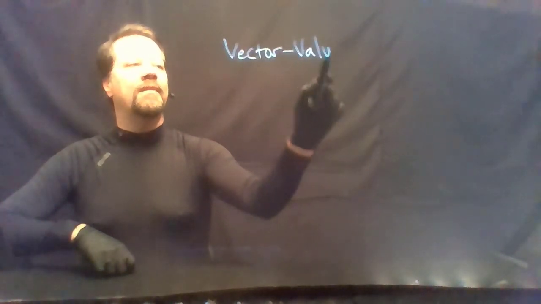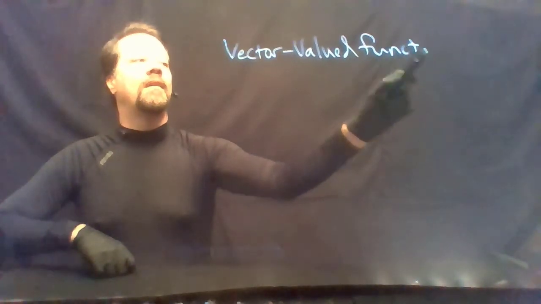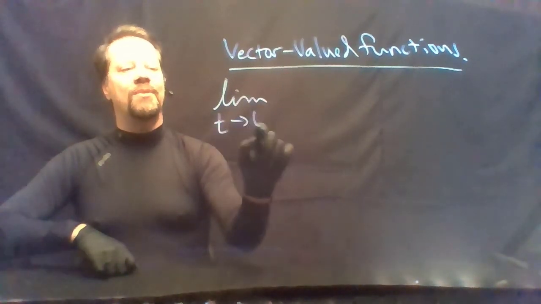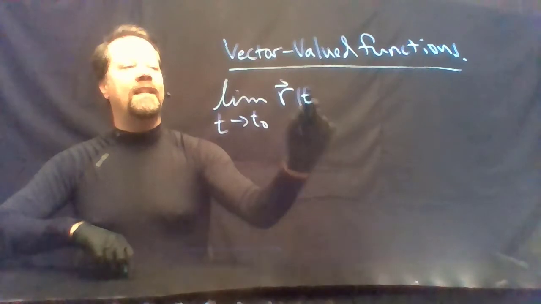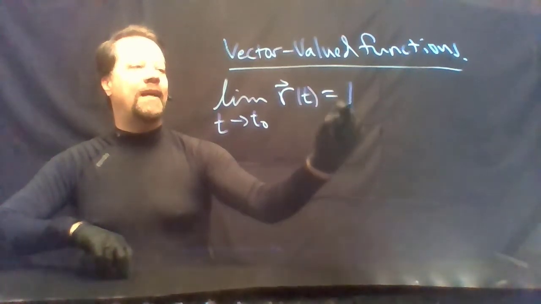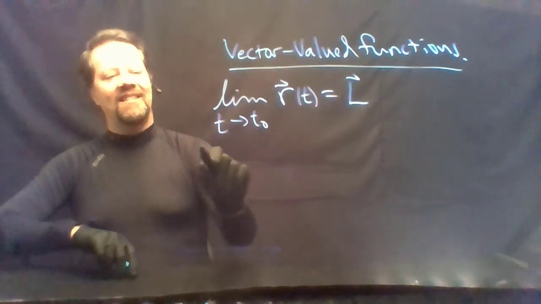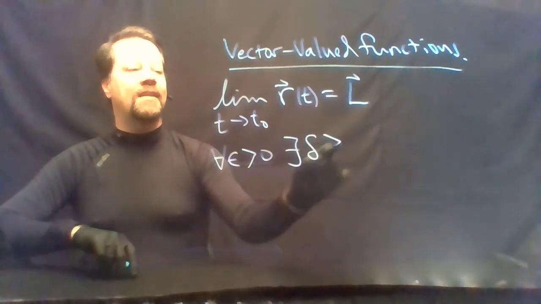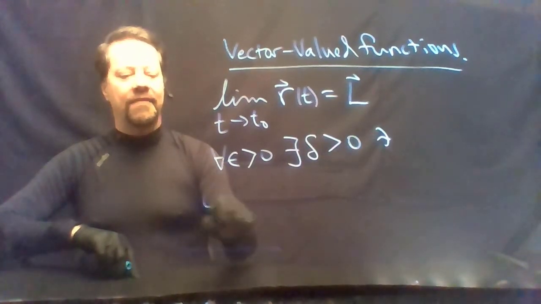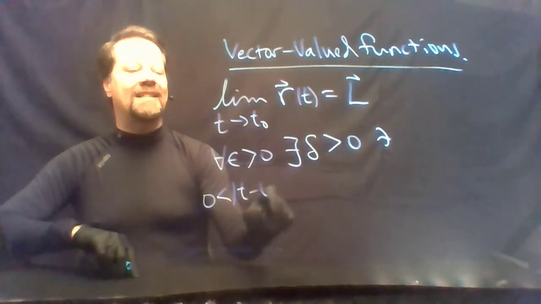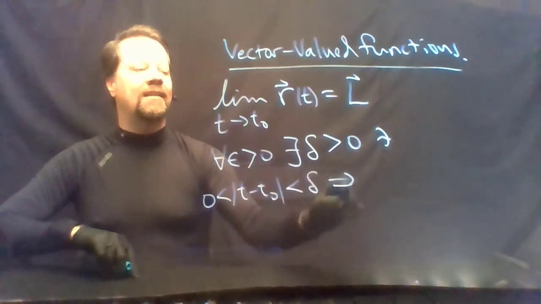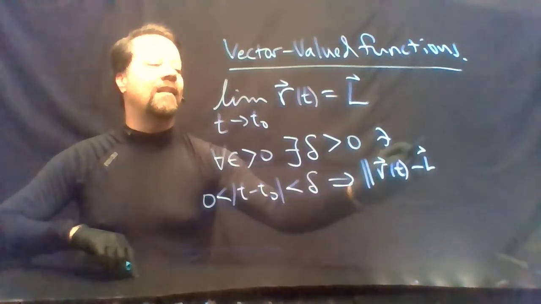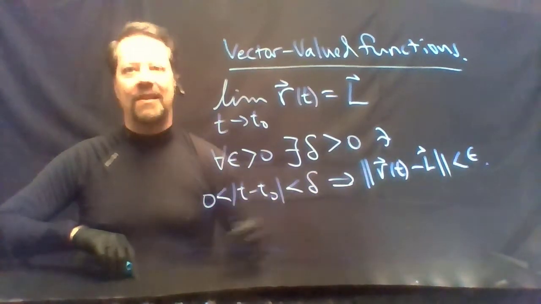vector valued functions? Remember, we had the limit as t goes to t naught of r of t equals some value L. That meant for all epsilon greater than 0, there exists delta greater than 0, such that if 0 is less than the distance between t and t naught is less than delta, that implies that the distance between r of t and L is smaller than epsilon.